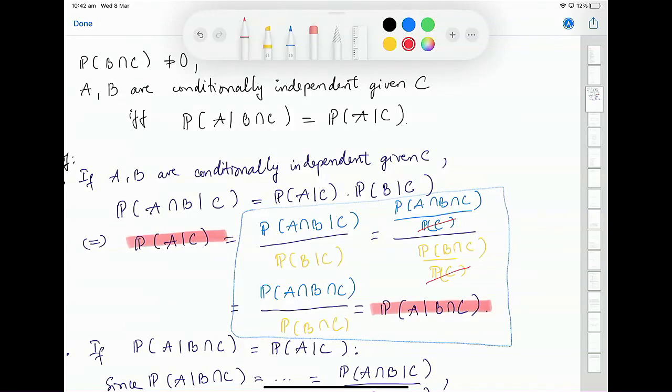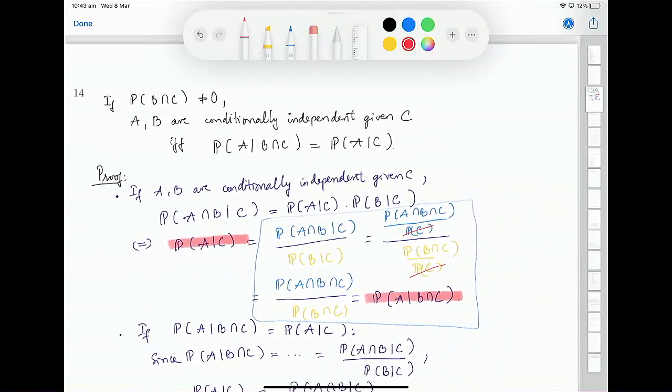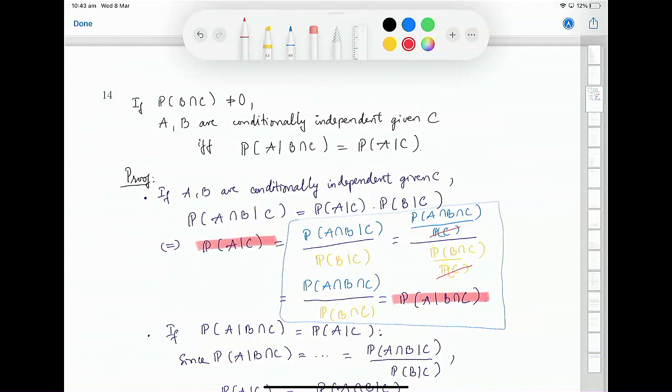Do you have any questions? Is it clear? All right, how can we prove the inverse direction? Which means that we have this equality.